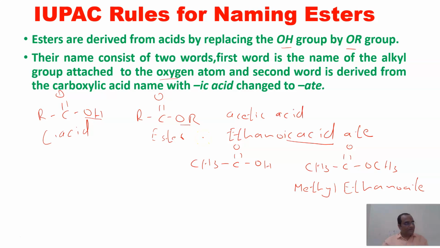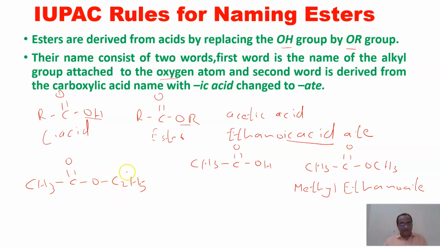Now we will take some more examples from this class. CH3 C double bond O C2H5. So this is the compound, and now we have to write the IUPAC name for it. See, the part which is joined with the oxygen has to be written first.